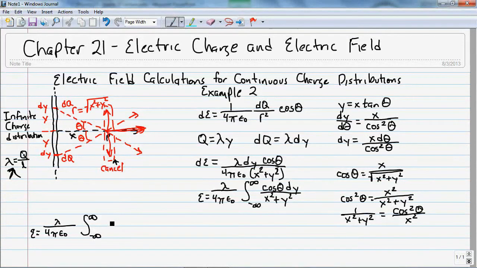So I'm going to have cosine theta, and I'll have a cosine squared theta over x squared, and I will have an x d theta over cosine squared theta.